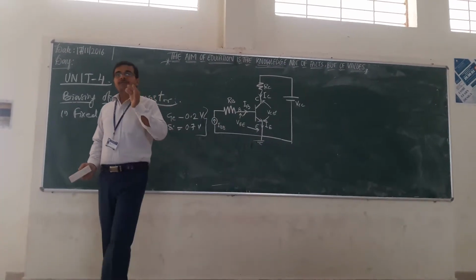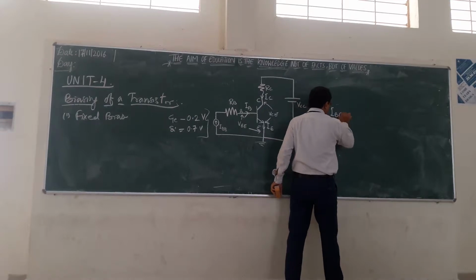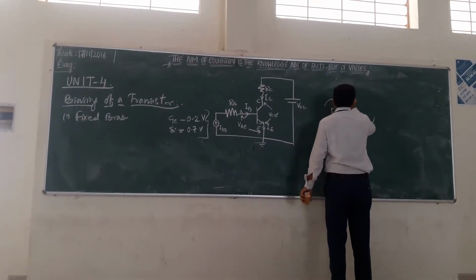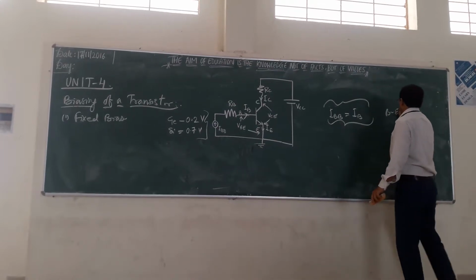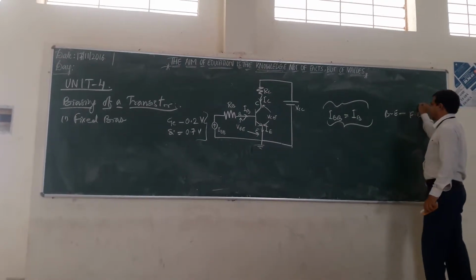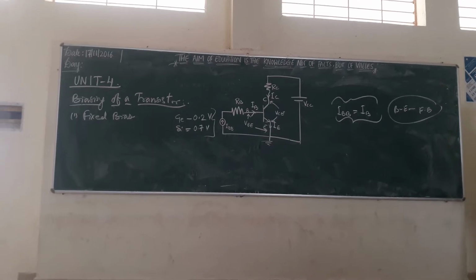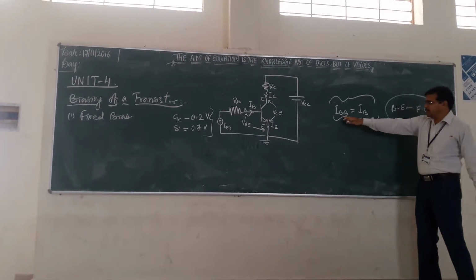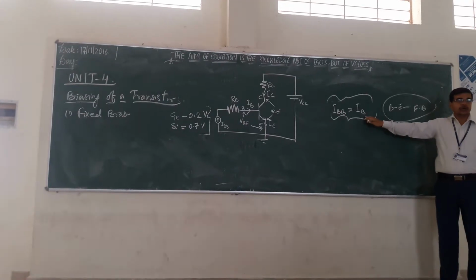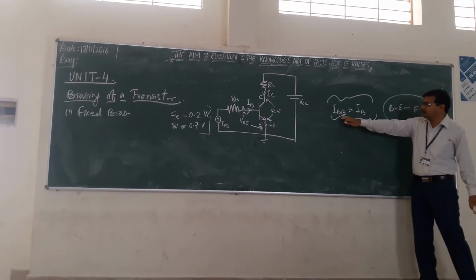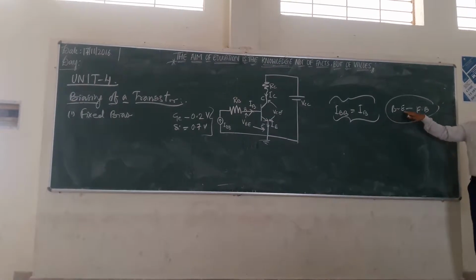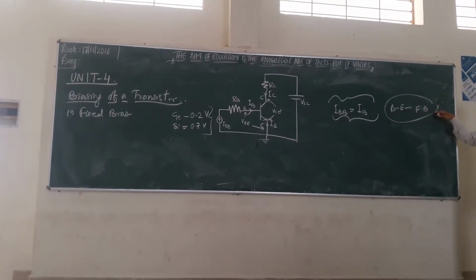Now, if we are able to make IBB equal to IB, then we will have the base emitter forward biased. If we make IBB equal to IB, this base current, then we can have the base emitter forward biased.